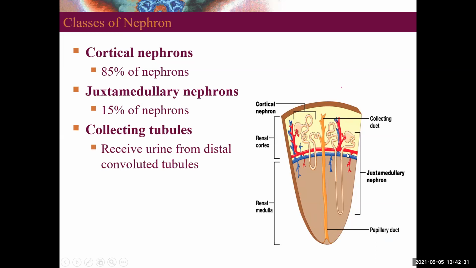Some nephrons are more inside the medullary region. Okay. So the nephrons whose 2/3 part is in the cortex, we call them cortical nephrons. And the nephrons whose length is more than 2/3 in the medulla, we call them juxtamedullary nephrons.